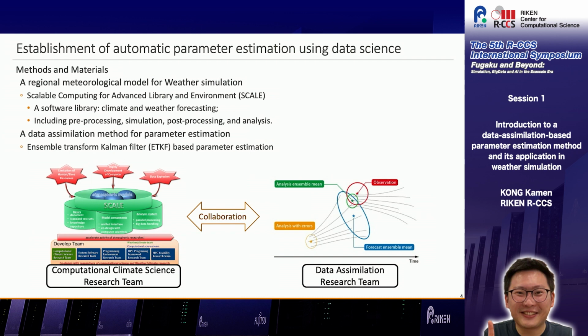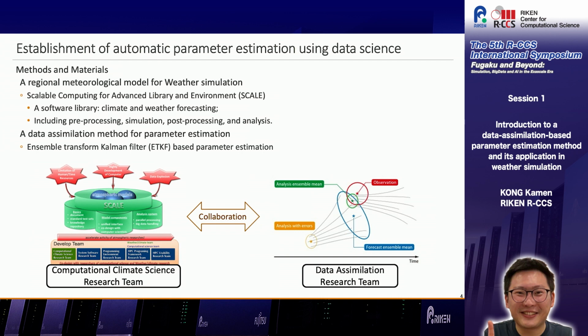And here at R-CCS, our computational climate science research team and the data assimilation research team are cooperating to develop one weather model and data assimilation system. We use our regional meteorological model, SCALE.